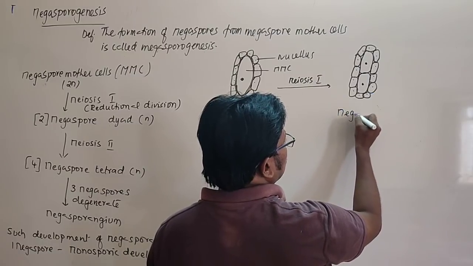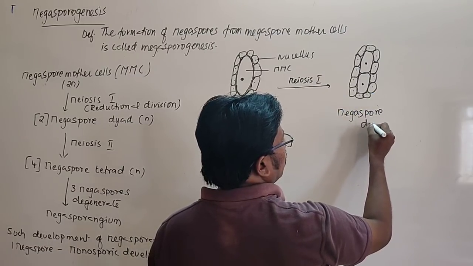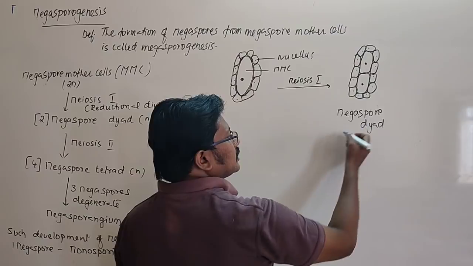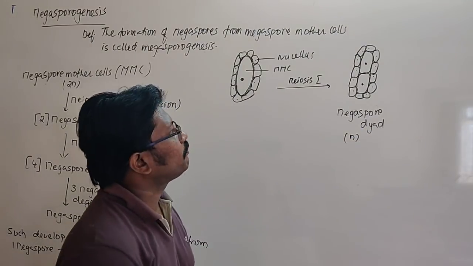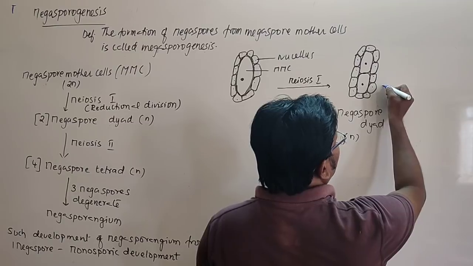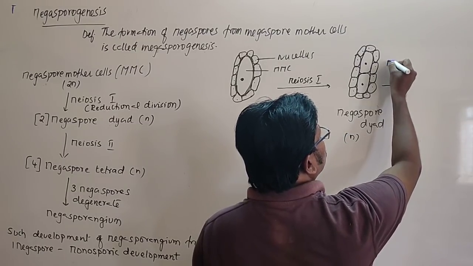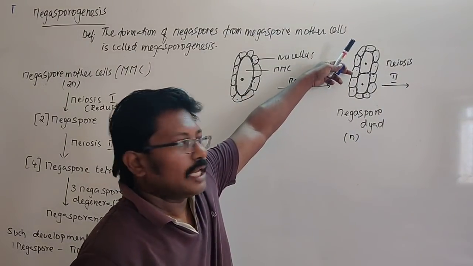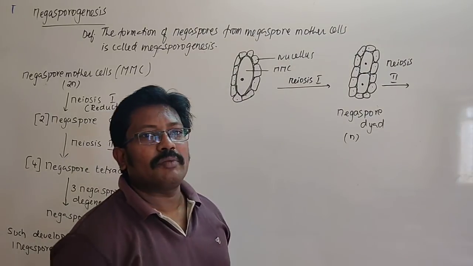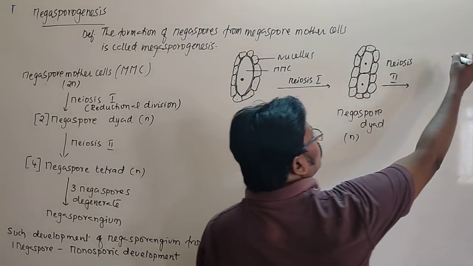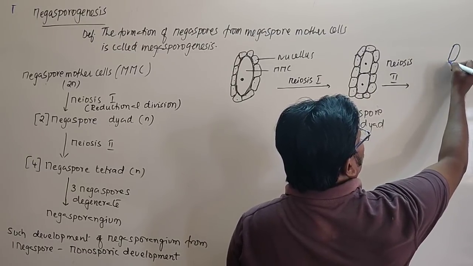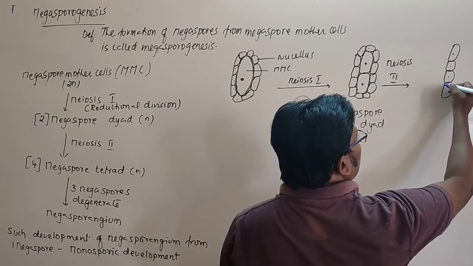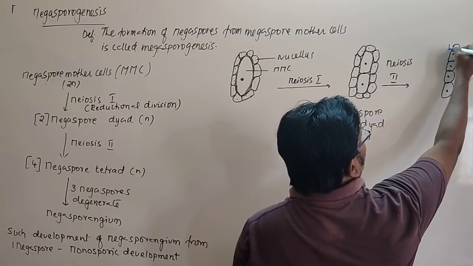So this is the megaspore dyad, and these two cells are already haploid in condition. Now this megaspore dyad will undergo the next division, that is meiosis II, and each cell undergoes meiosis II and results in the formation of two more daughter cells, so together there will be 4 megaspores. So 1, 2, 3 and 4 megaspores are formed.